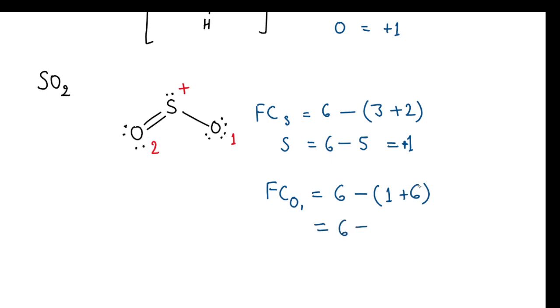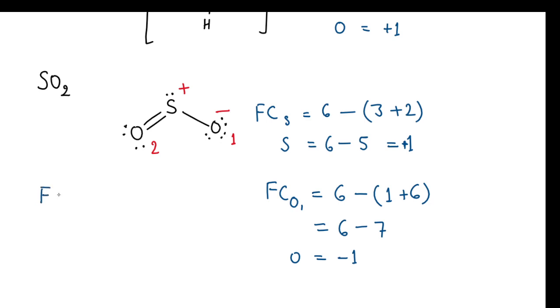So 6 minus 1 plus 6 is 11, wait: 6 minus 1 plus 6 is 11 minus... the formal charge for oxygen is minus 1.